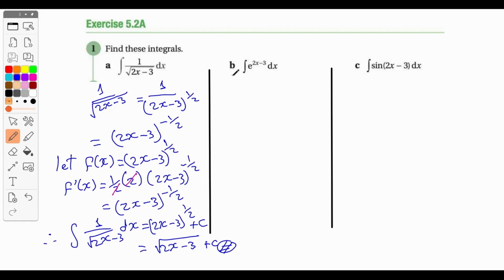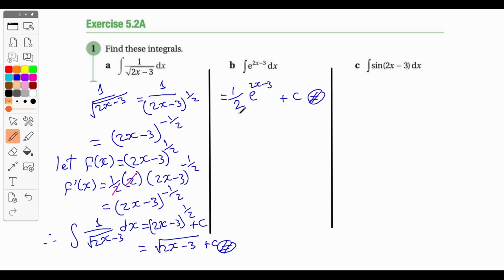Question B, I think this one is easier. I want you to pause the video to solve this one. Welcome back. The answer is 1 over 2, where 2 is the coefficient of x, then the same function, e to the power of 2x minus 3, plus c.